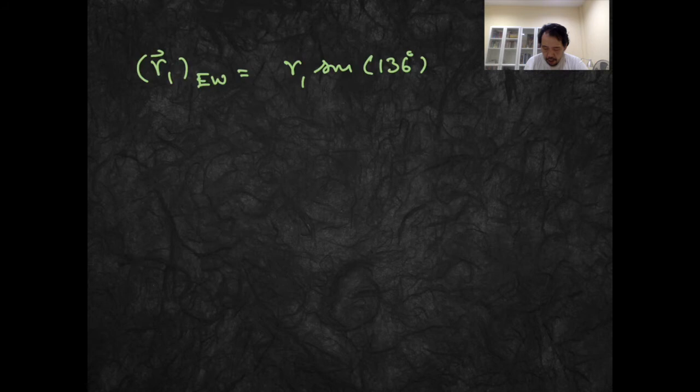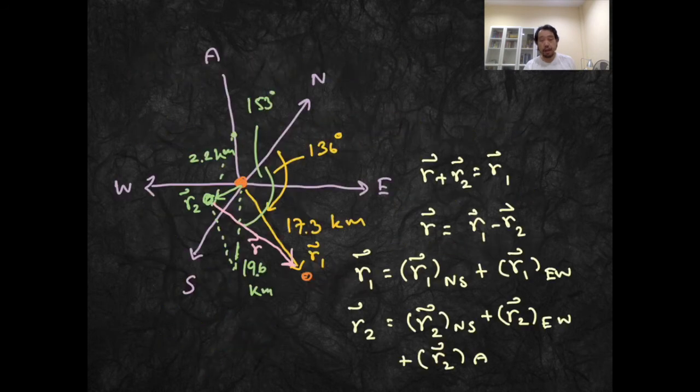So we have this, and also we have R1 east-west is equal to R1 sine 136 degree, because the east-west axis is perpendicular to the north-south axis.